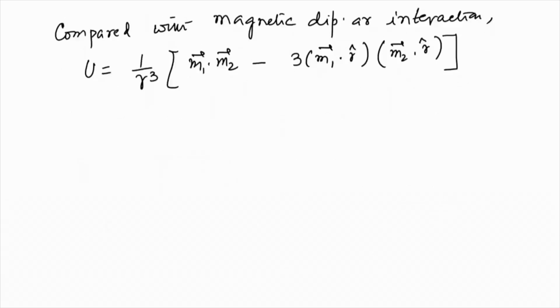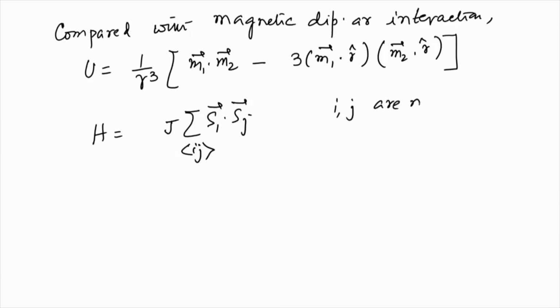Now, this H written as J S_i dot S_j has a large number of approximations going on, namely i, j are nearest neighbors. One does not have to be restricted to that, one can include next to nearest neighbor interactions as well.